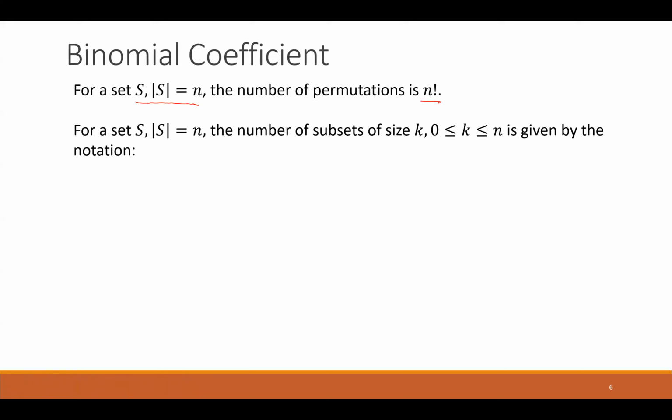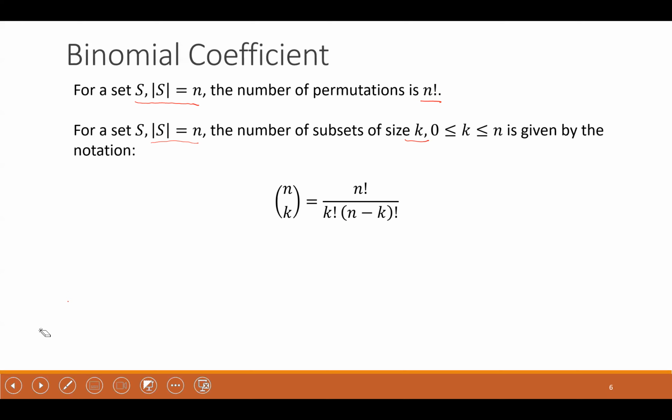We saw that using the product rule. And then for a set S of size n, the number of subsets of size k, well, I told you that it was this notation, n choose k, and my claim is that it is equal to this number here, which we're going to prove in this class.